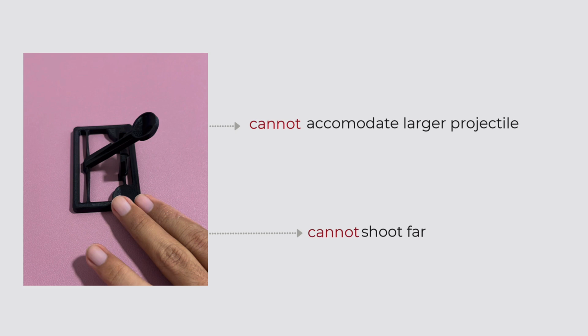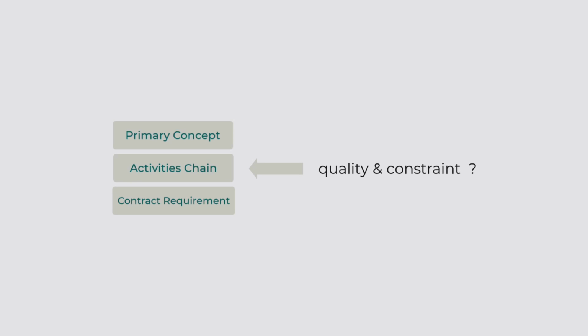The issue cannot be attributed to the engineer or the expert, as they built the prototype based on the specified requirements. The problem lies in the fact that the current design technique does not account for the quality and the constraint. To make the catapult shoot farther or accommodate larger projectiles, these factors need to be explicitly stated in the requirements.